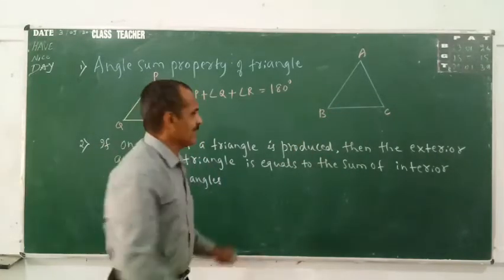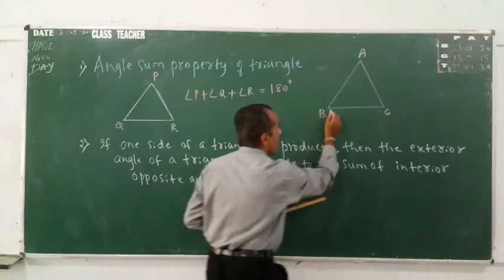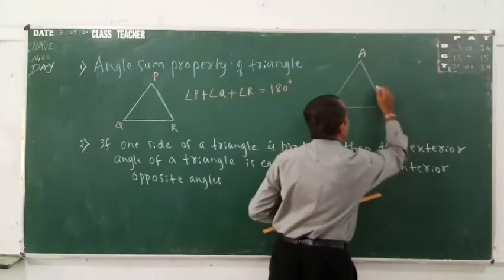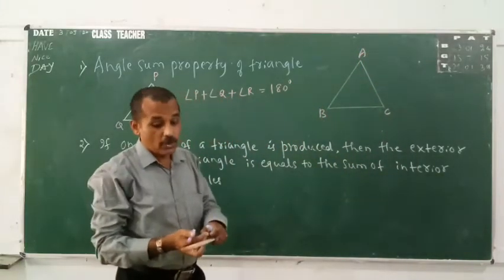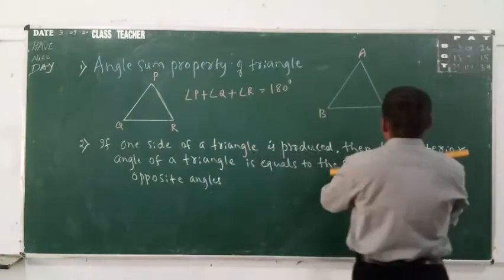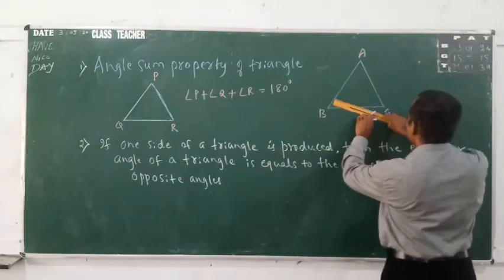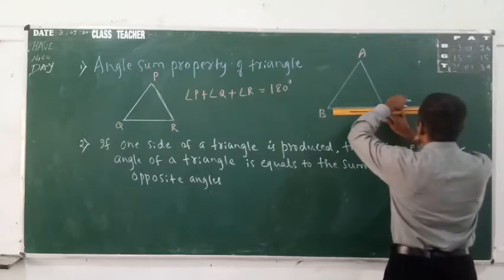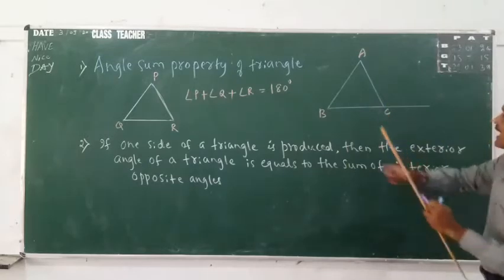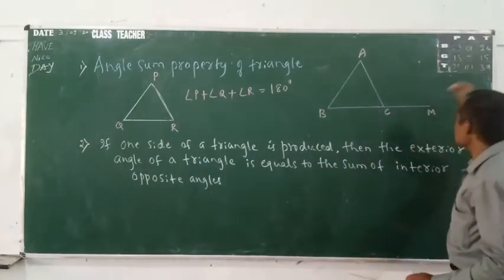Produced means extending. Either I can extend like this, or like this, or like this. Anywhere I will extend one of its sides. This BC side I will extend. Extending is producing. The side BC is produced, say to M.